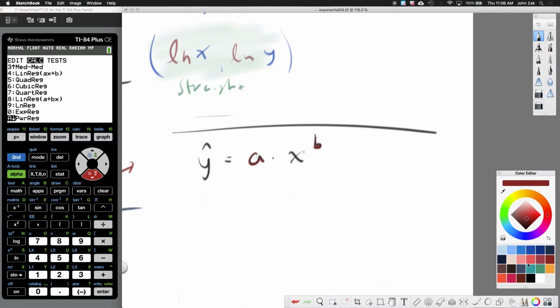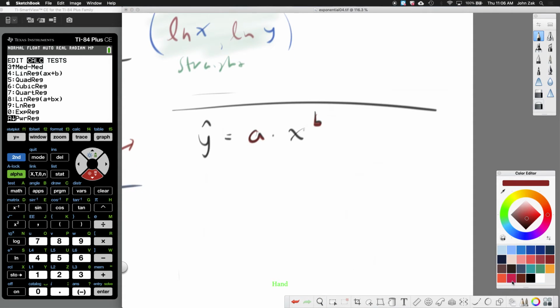All right, so how can I show that this transformation will end up becoming straight? Well, let's just start by taking the natural log of both sides. We've got the natural log of y hat equals the natural log of a times x raised to the b. Let me put that in parentheses so you can see that.